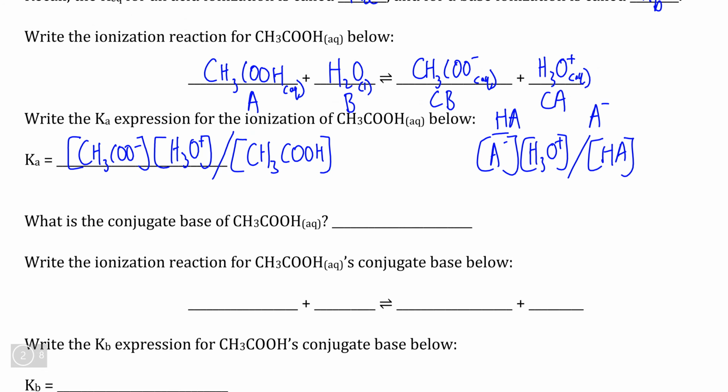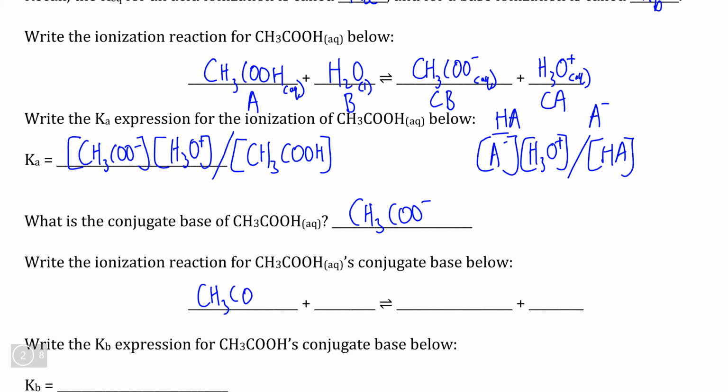Now, we can do the same thing for constructing a base ionization reaction, but we're not just going to write the reverse reaction here. We're actually going to use acetate, the conjugate base, as its own starting reactant.